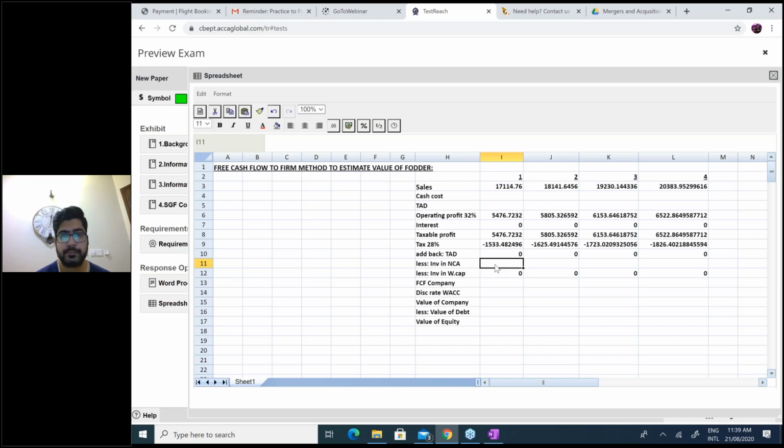So the revenue is increasing from 16146, and it's becoming 17114.76.